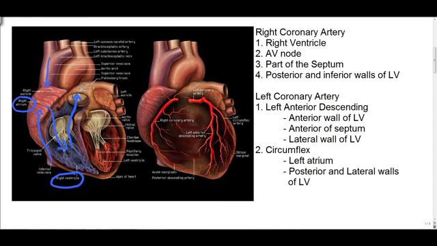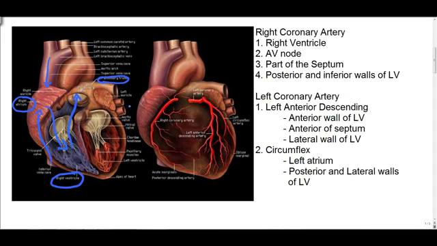Once in the pulmonary arteries, it circulates past the lungs, becomes oxygenated, and comes back through the pulmonary veins. The pulmonary veins in this picture are a little bit hidden, but when the blood comes back through them, it enters into the left atrium.